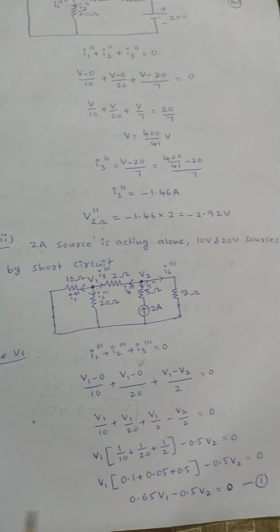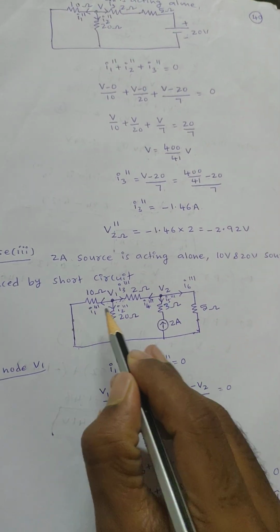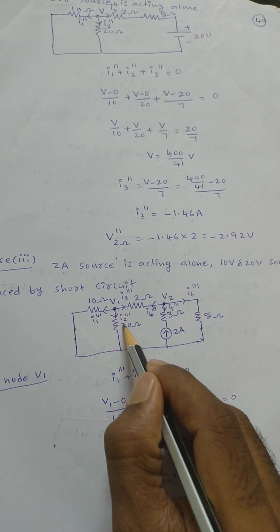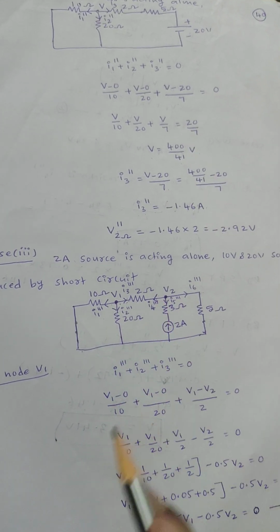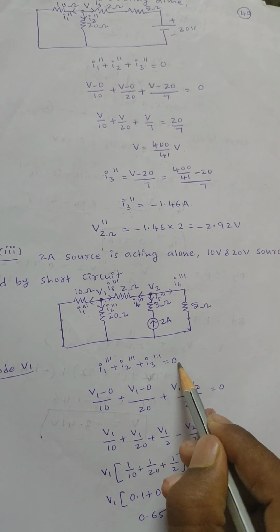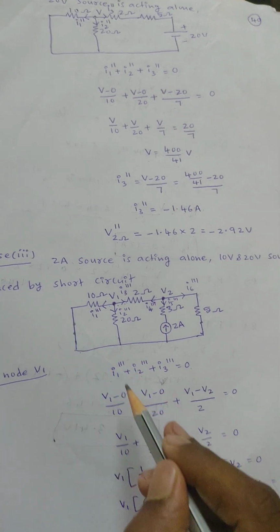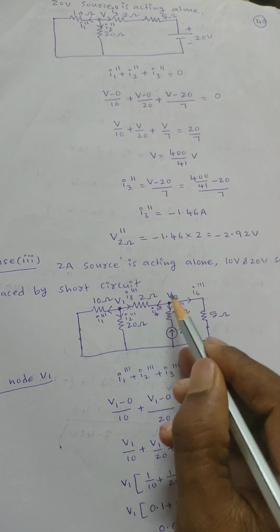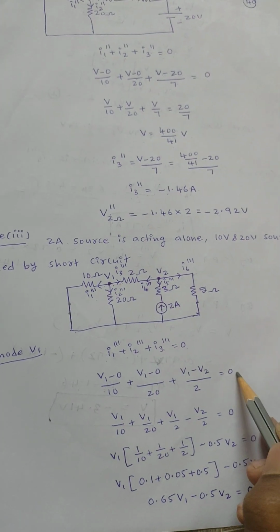First, at junction V1: I1 triple dash plus I2 triple dash plus I3 triple dash equals 0. That is (V1 minus 0) by 10, plus (V1 minus 0) by 20, plus (V1 minus V2) by 2, equals 0.